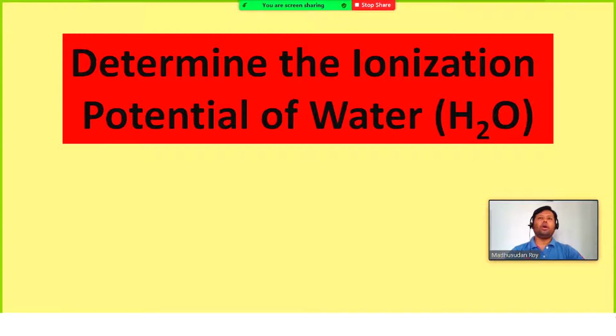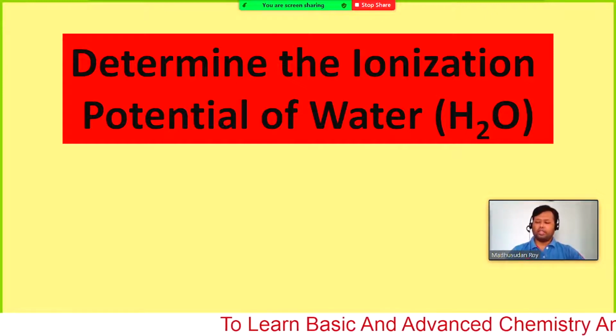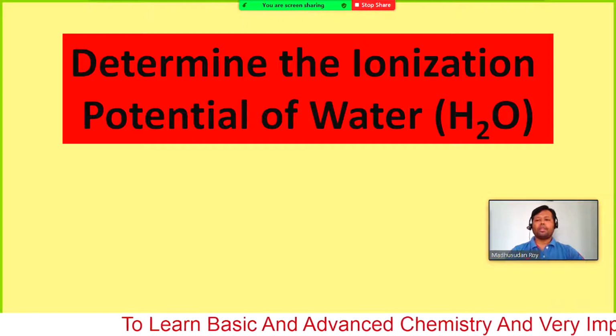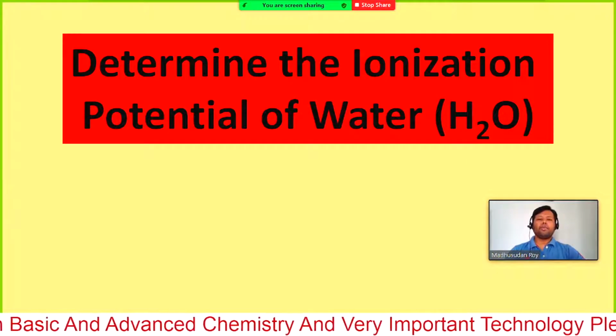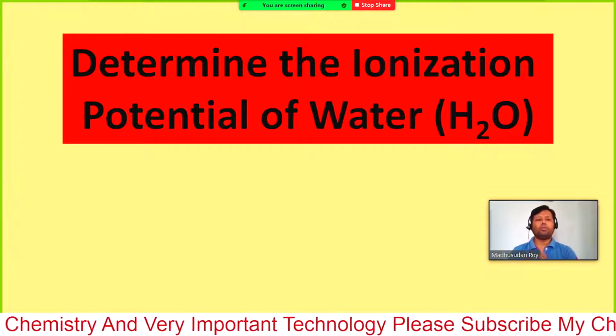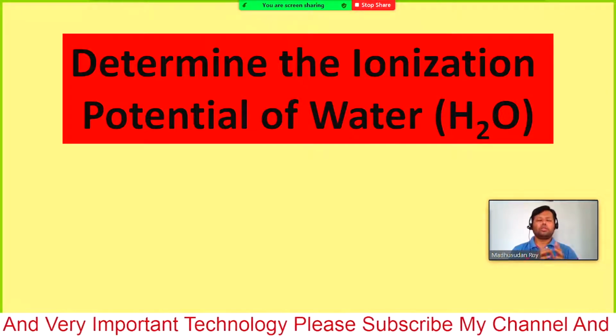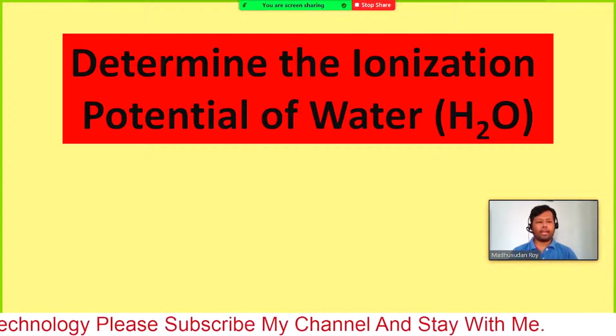Any molecule or any atom normally remains in the neutral state, or sometimes it can be in an ionized state. If the atom or molecule is in the neutral state and you remove one electron, to remove one electron you need to supply some energy.